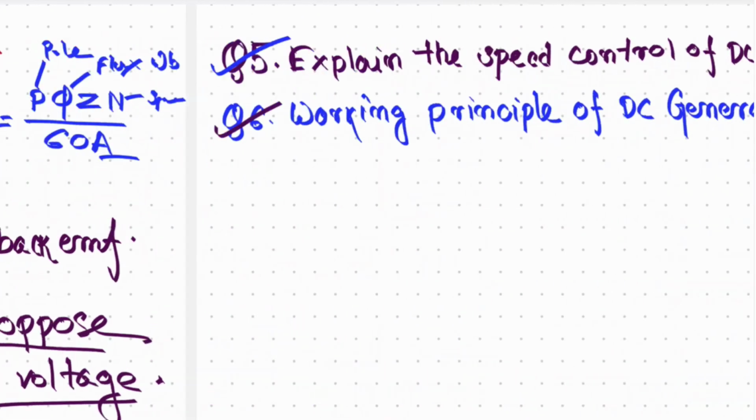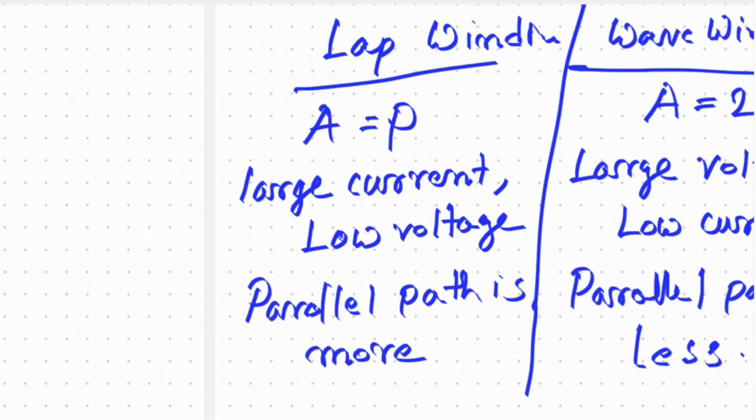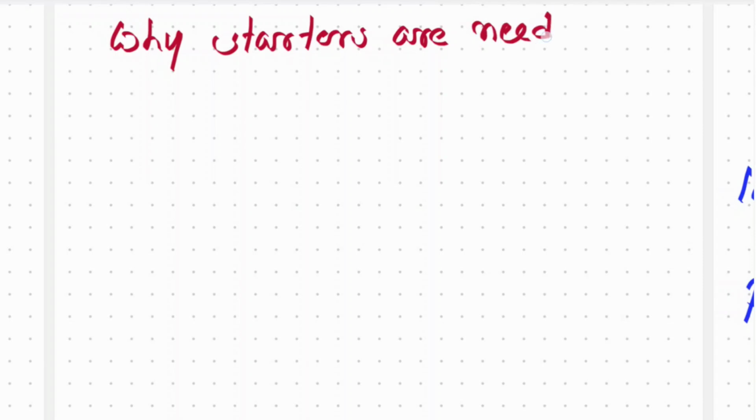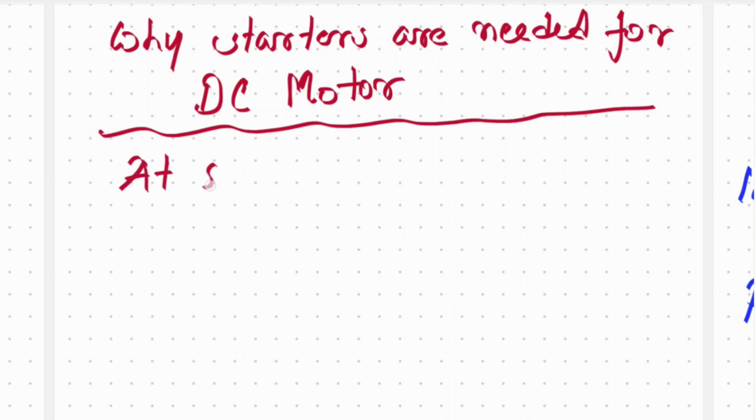Now we'll see the fourth question: why are starters needed for a DC motor? The main reason is that at starting the motor is at rest, so the back EMF Eb is equal to 0.